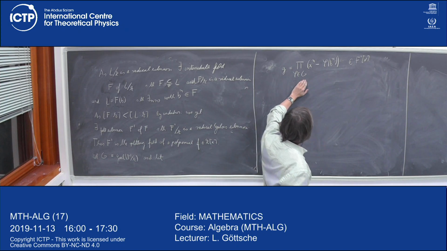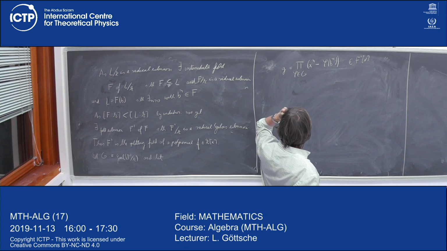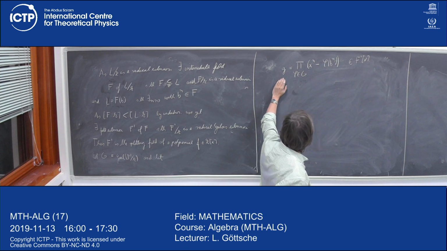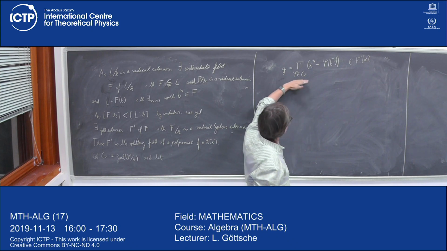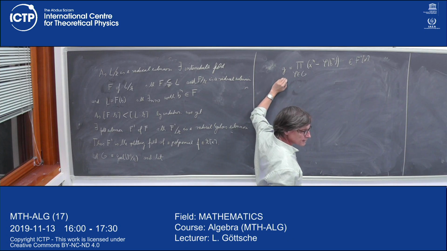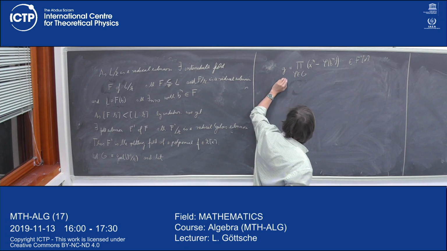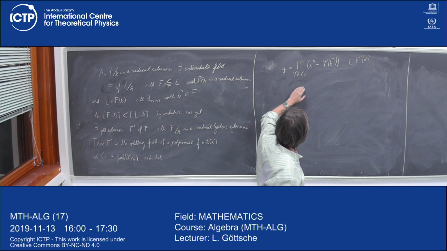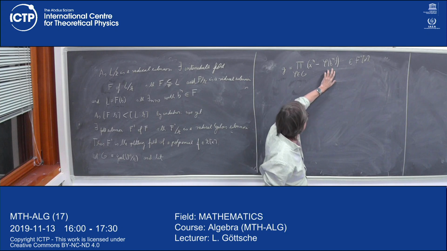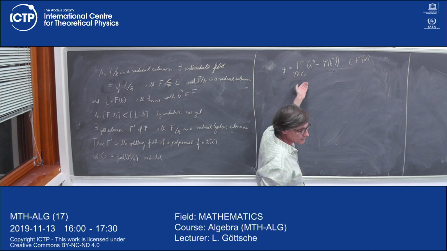So if we apply some other element of the Galois group to the coefficients of this polynomial, then by the same trick we used a few times, this is the same as applying this element to the argument, and then we have just reordered it here.